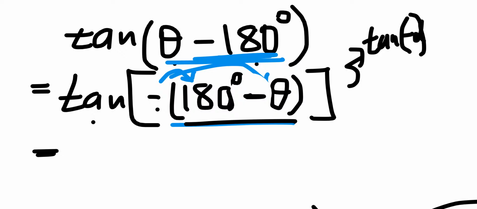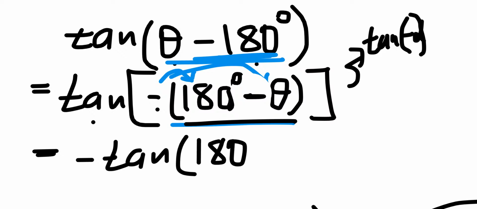So what I explained was to say tan of a negative angle, let's assume it to fall in the fourth quadrant, where tan is negative. So that means we end up having negative tan of that 180 degrees minus an angle.